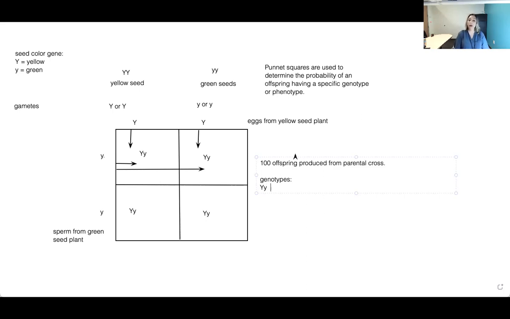So what you do is you count the number of squares that have big Y, little y. And that will be your numerator or the top of your fraction. The denominator or bottom is the total number of squares, which is 4. So 4 of our squares have big Y, little y out of 4 squares total. This equals 1, which equals 100%.